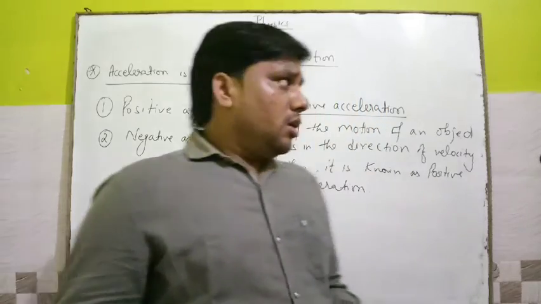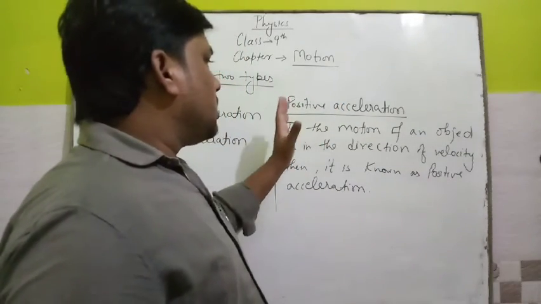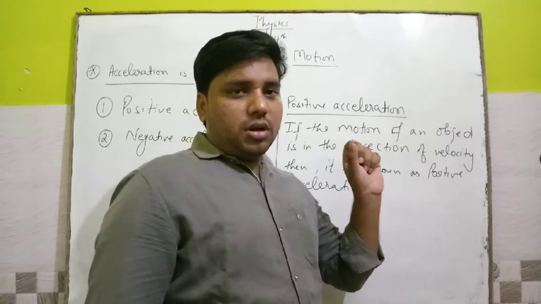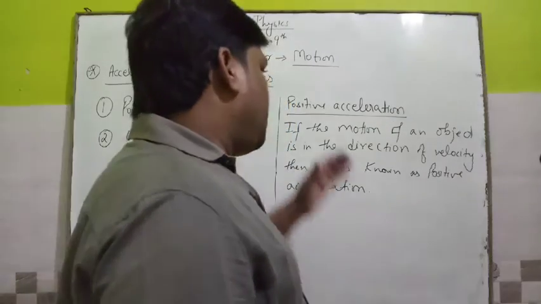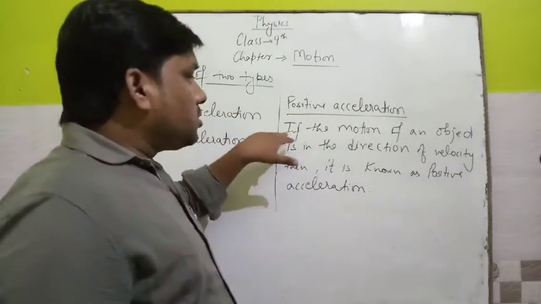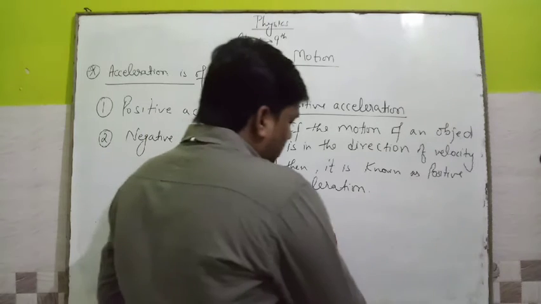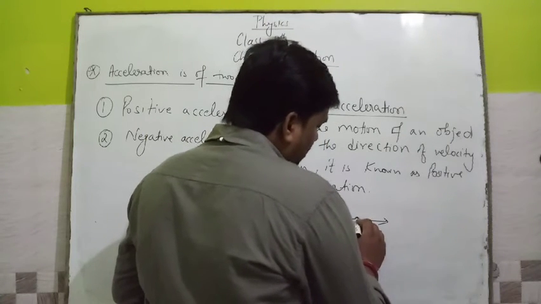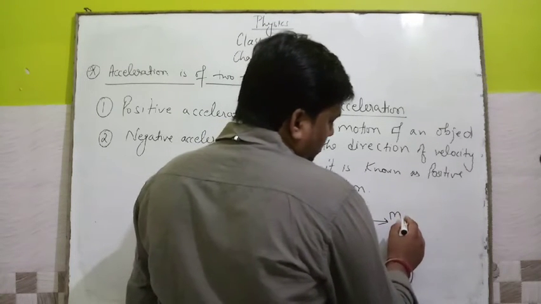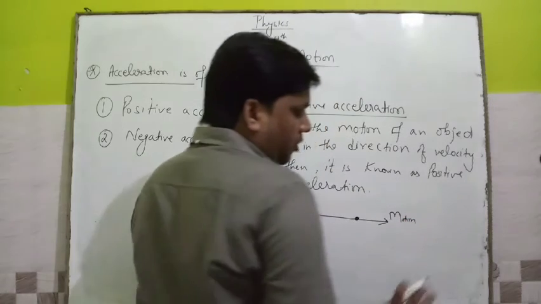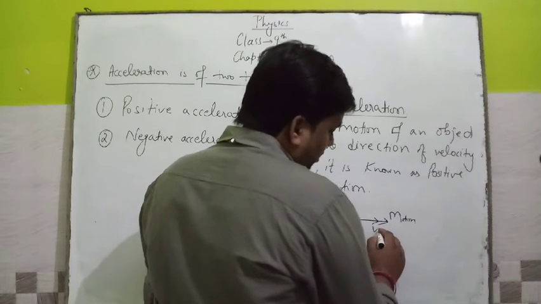Positive acceleration means the speed of an object will keep increasing. The speed of an object always increases in positive acceleration. Why? Because the motion of an object is in the direction of velocity. Suppose this is an object, this is the direction of motion of the object, and in the same direction is the direction of velocity.